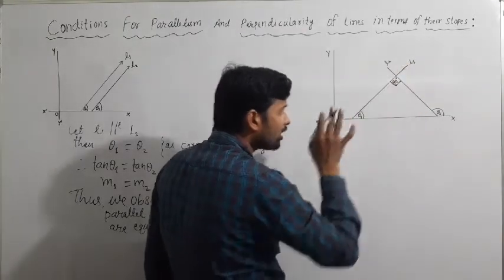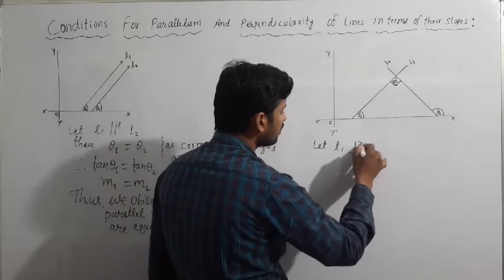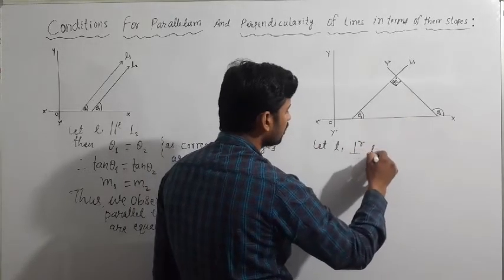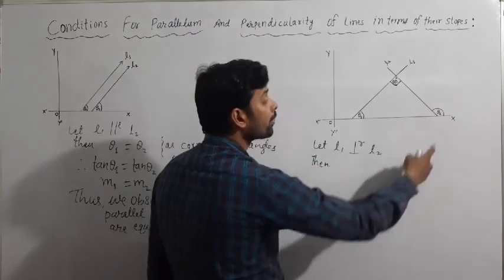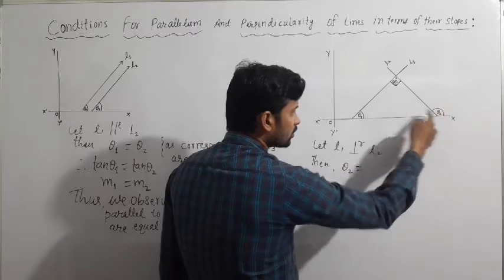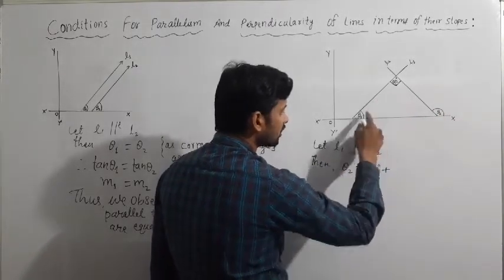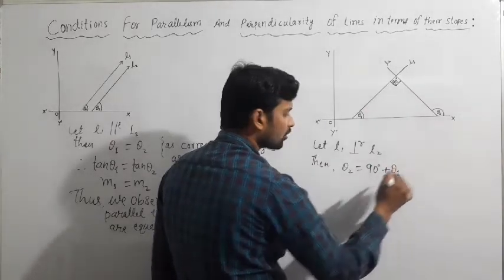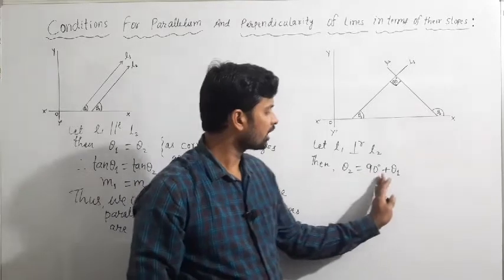Let line L1 be perpendicular to line L2. Then we must have theta 2 equal to 90 degree plus theta 1. Why do we have theta 2 equal to 90 degree plus theta 1?